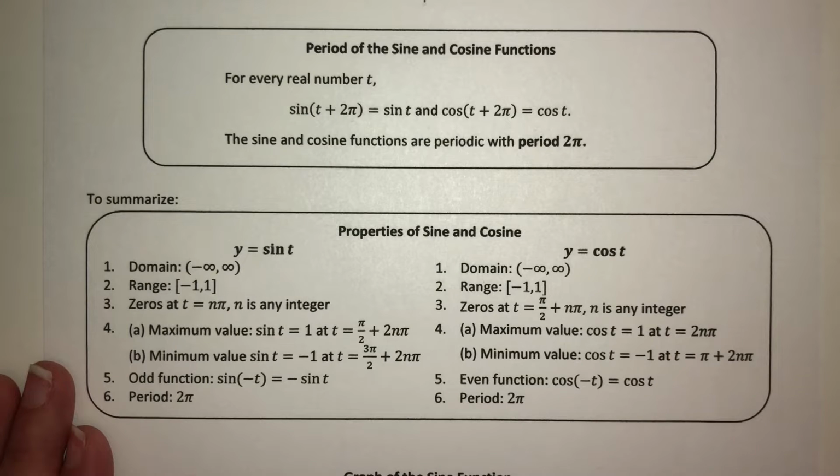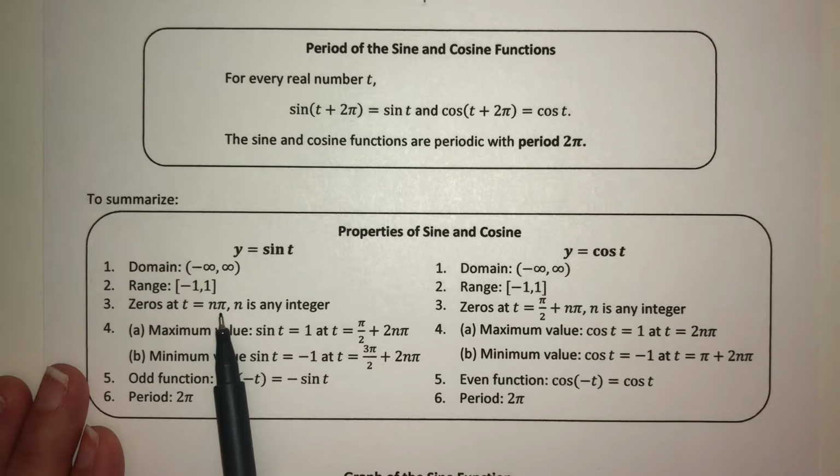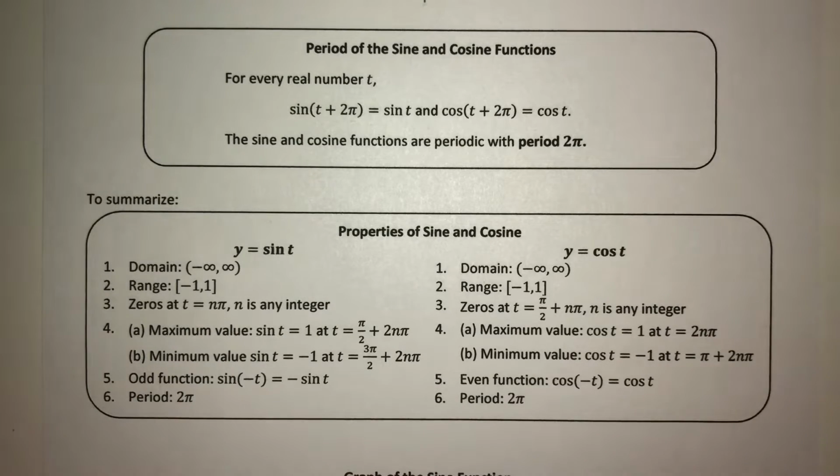We will only get y values in that region. We have zeros when t is equal to a multiple of pi. An even multiple, or odd multiple, positive, negative, doesn't matter. n could be any integer, not a fraction, any integer.